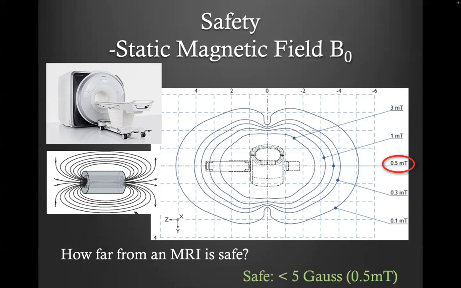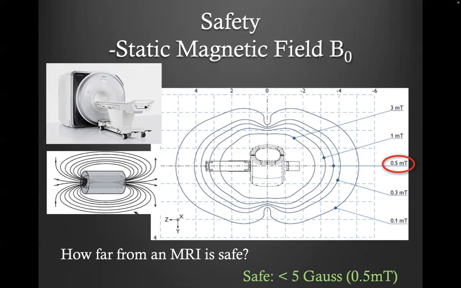Usually, what we in the field consider safe is 0.5 millitesla, which is the 5 Gauss line. So when we design an MRI room, we place very heavy metal around the room to shield this magnetic field, so that outside of the magnet room it's going to be less than 5 Gauss. But as soon as you step into the scanner room, the field could be more than 5 Gauss.